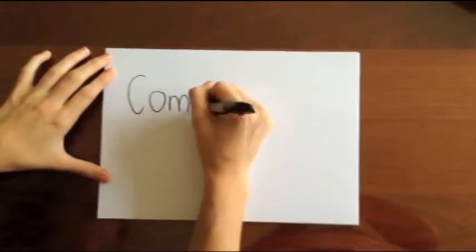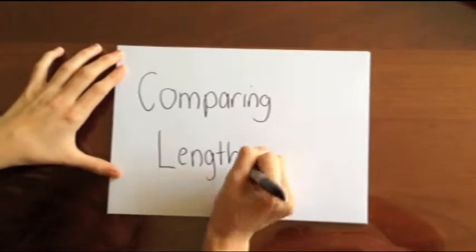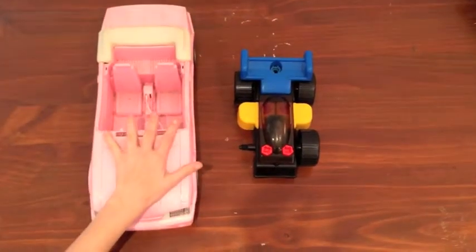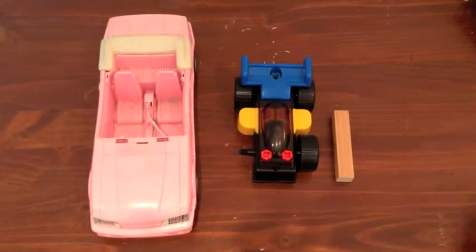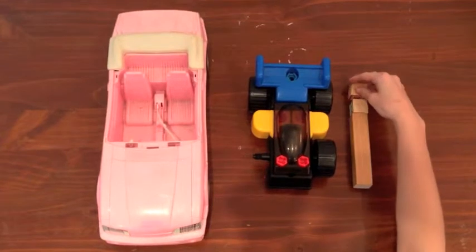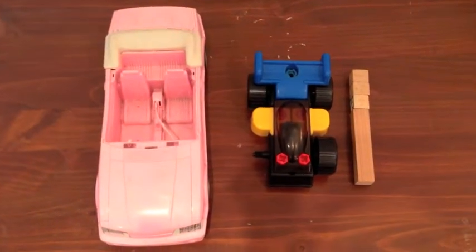Now, let's try another activity, comparing the length of 2 separate objects. Let's measure the length of both of these cars, the Barbie car and the racing car. The racing car is 1 big block and 1, 2, 3 smaller blocks.